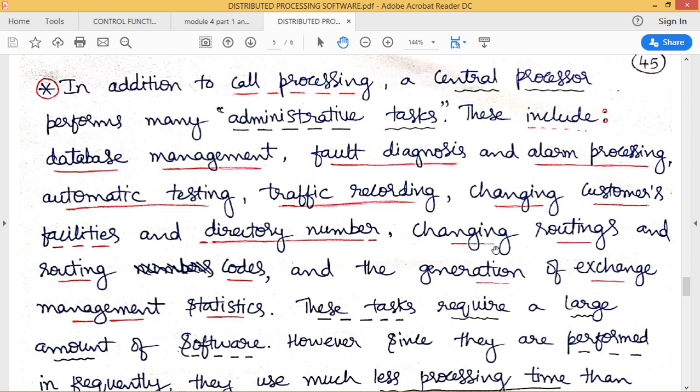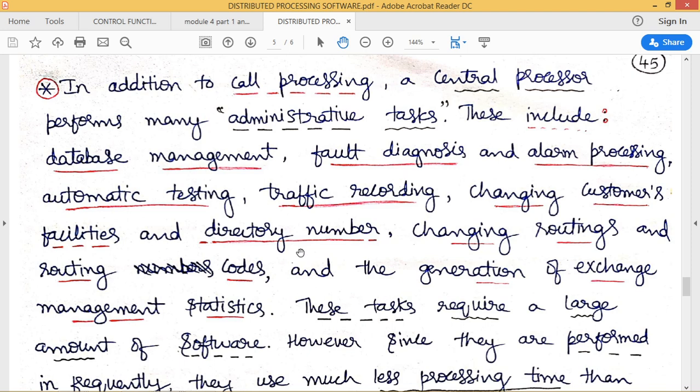All those things will be taken care of by the central processor. And also routing codes, the different routing codes that are related with routing, and the generation of exchange management statistics. A central processor must be able to generate exchange management statistics, how the exchange is handling the calls. All those statistics must be generated by the central processor.